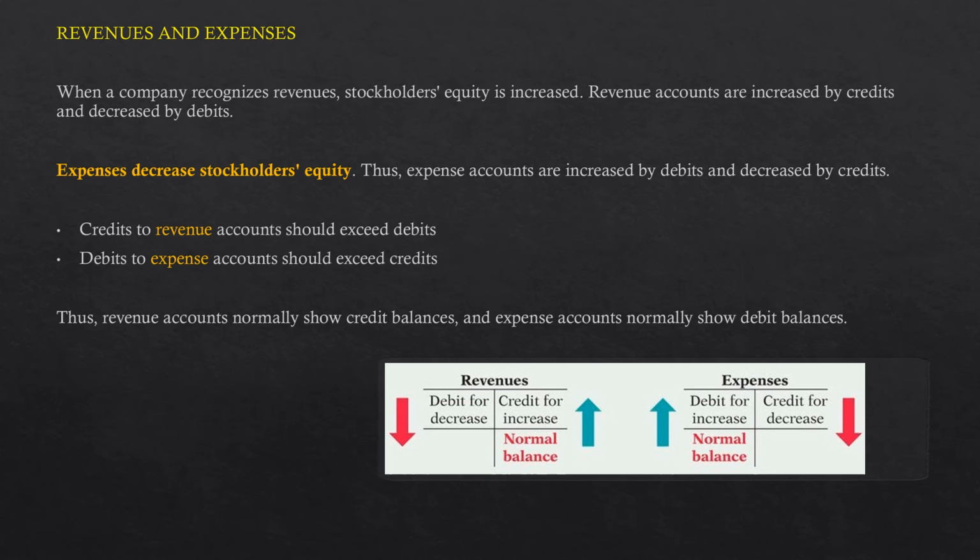So credits to a revenue account should exceed debits, and debits to an expense account should exceed credits. So take a look at where the normal balance is. Thus revenue accounts normally show a credit balance. Expense accounts normally show a debit balance.